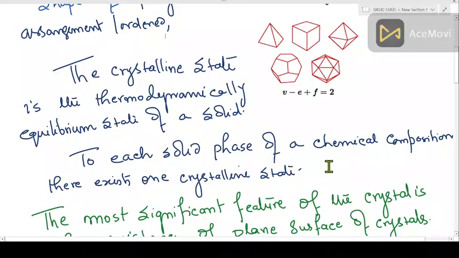For every solid phase of a chemical composition, suppose you have one type of atom A and one type of atom B, coming close together, forming a bond and forming a 3D arrangement of atoms, for every type of chemical composition, whether it is water, H2O, or any other, there exists one phase which is the crystalline state. For example, ice.